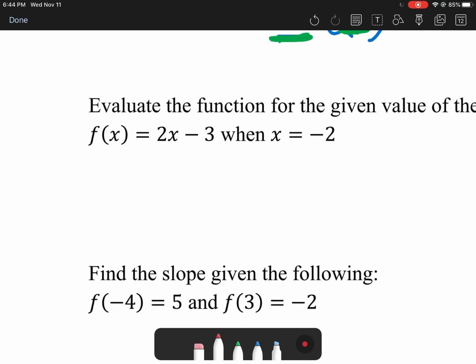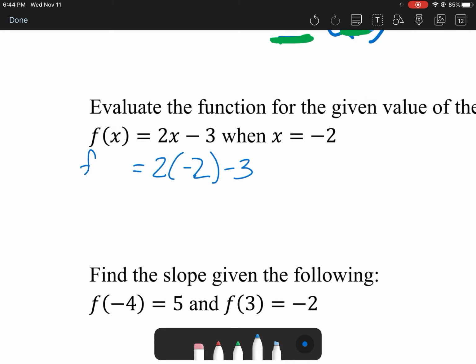So we're going to go ahead and use this, starting off simply, just evaluating. So I have f of x is equal to 2x minus 3. We need to find out what that function is equal to when x is equal to negative 2. Just like in any other problem, you will substitute negative 2 in for your x. Then our function will look like f of negative 2.